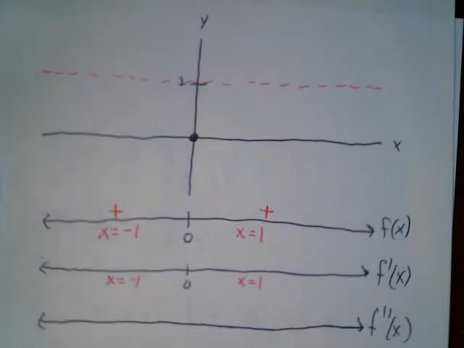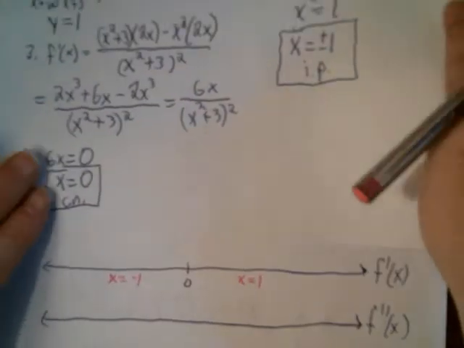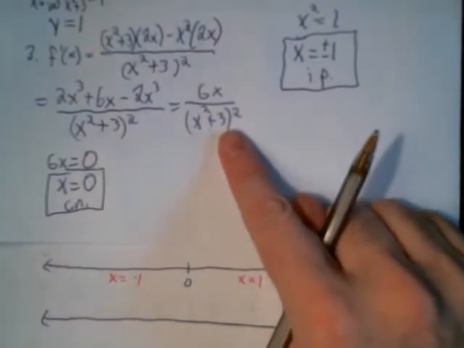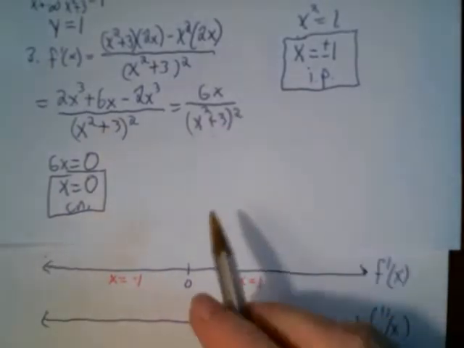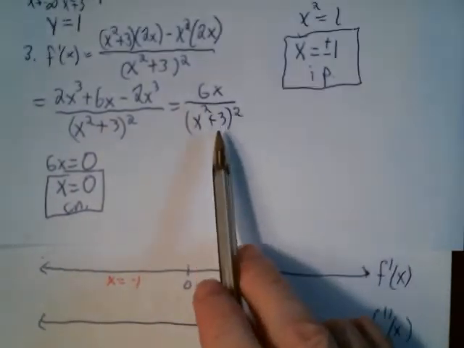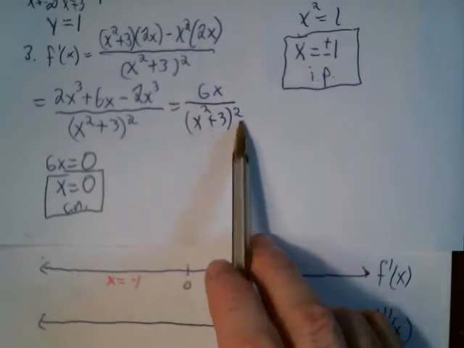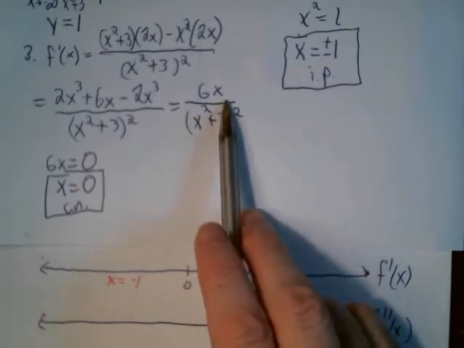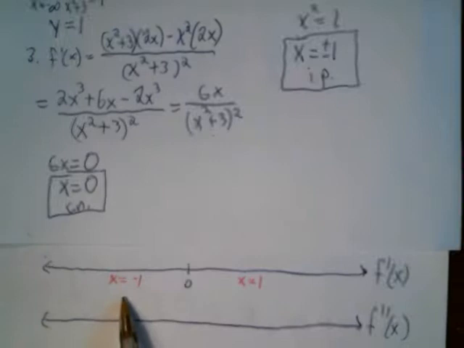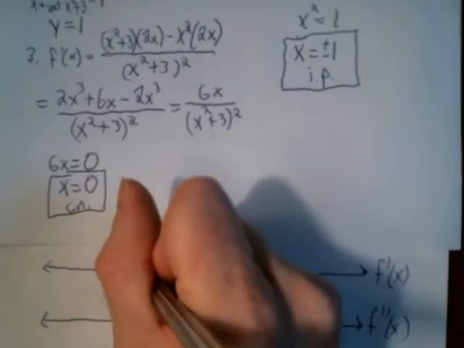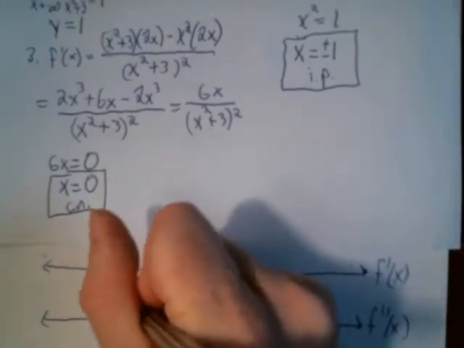And we're working with the first derivative now, this expression here, when we do our test values. So -1 into this expression, the denominator is always positive because it's squared. So you just have to worry about 6 times -1 is negative. So you're going to be decreasing in this interval. So it's negative and you're decreasing.